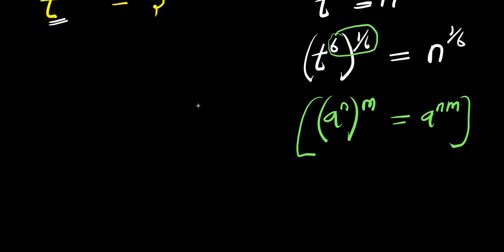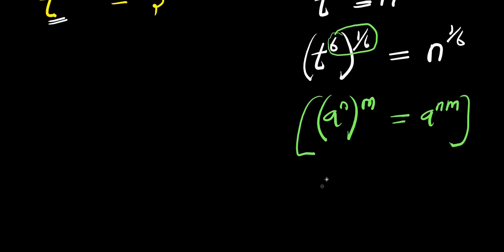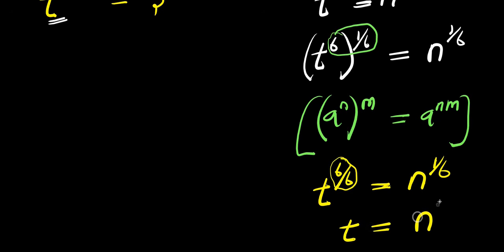You will definitely have t power 6 over 6 equals n power 1 over 6. So 6 over 6 is 1. We have t equals n power 1 over 6.